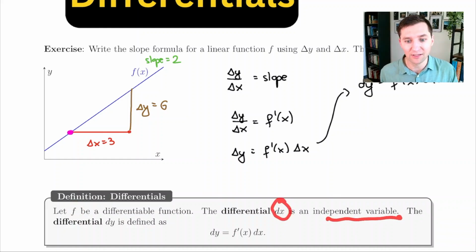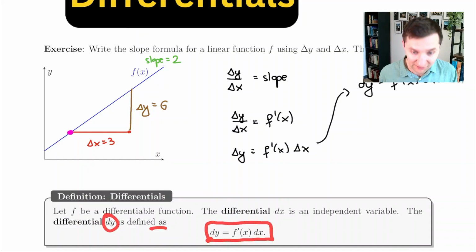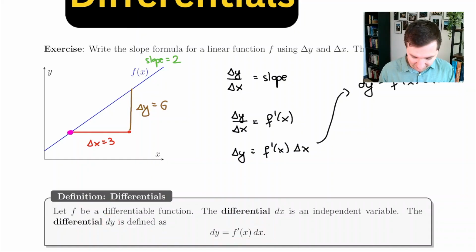You can think about it as something small you plug into the function. The differential dy is defined by this equation we have seen before. It is defined as the derivative of the function at x multiplied by the independent variable dx. You can think about dy as an output of this function.